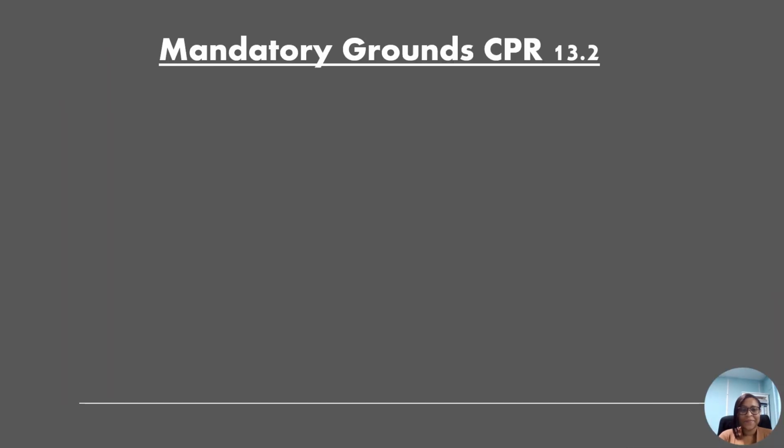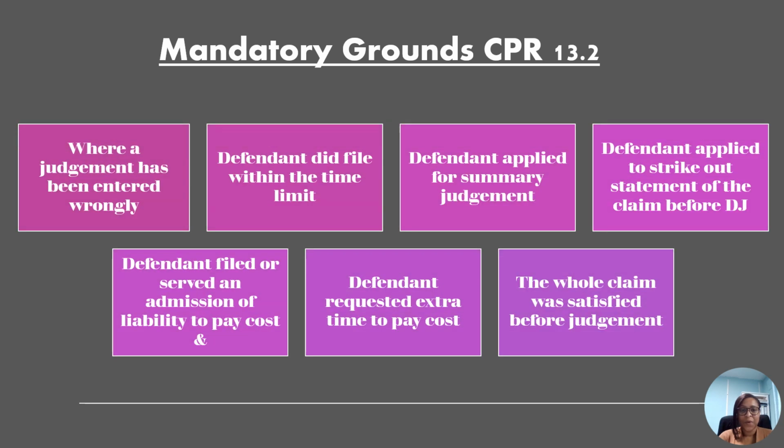On the other hand, the court must set aside a default judgment where any of the following circumstances arise. 1. Where judgment has been entered wrongly. 2. Where the defendant did file within the time limits. 3.